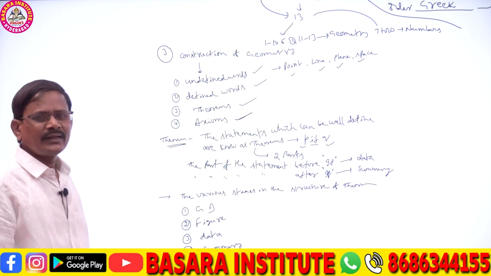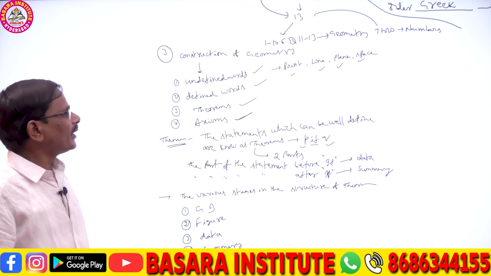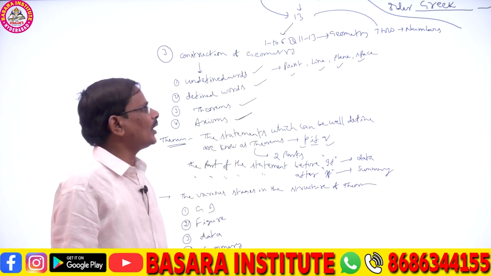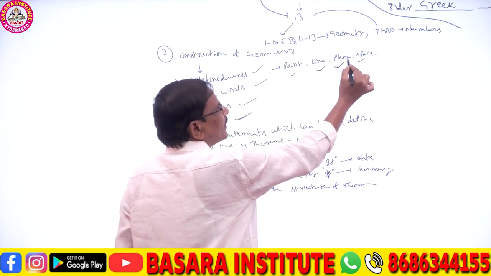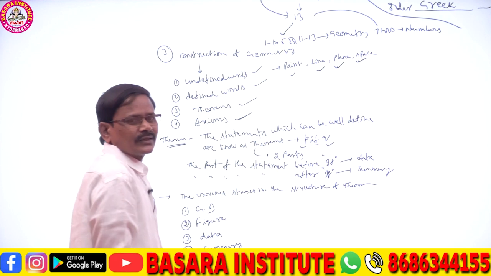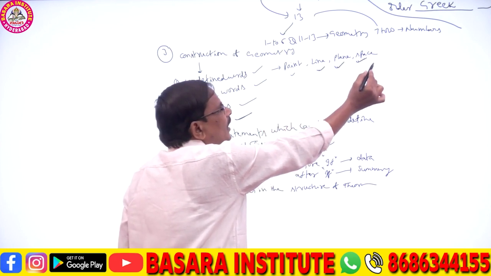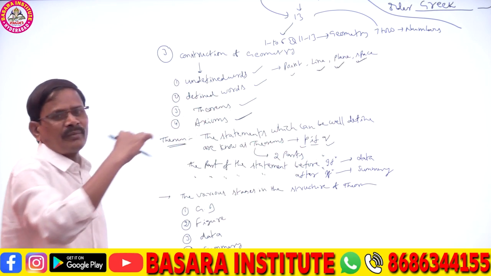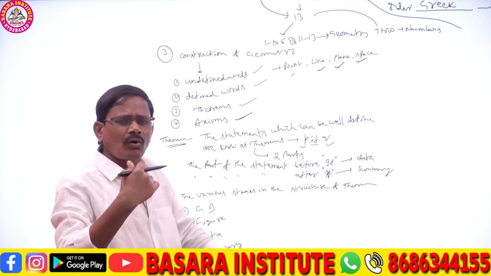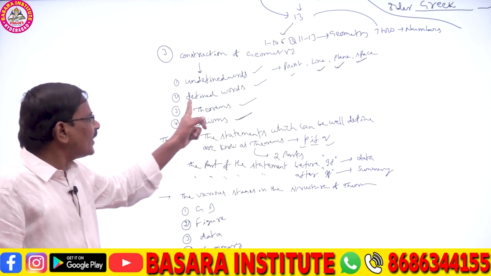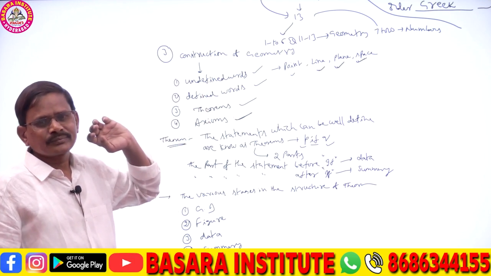The undefined words are point, line, plane, and space. These four are the undefined words in our geometry. Except these four words, all remaining words are defined words in our geometry.